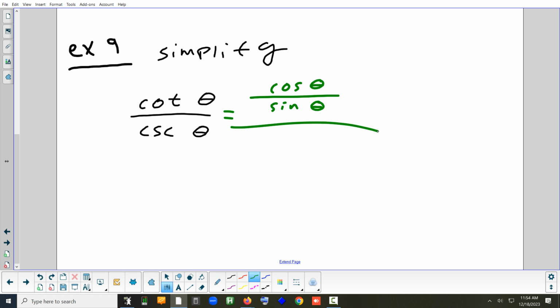And what about cosecant? How can we write cosecant? If you're going to type cosecant in on the calculator, how do you do it? 1 divided by sine theta. You flip the sine.